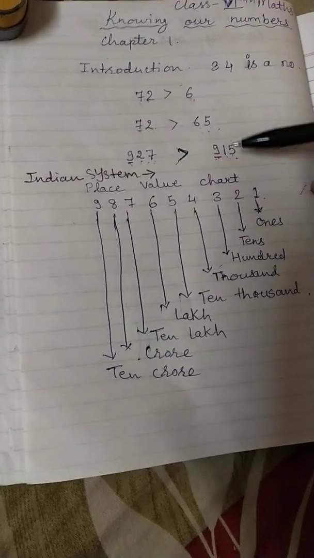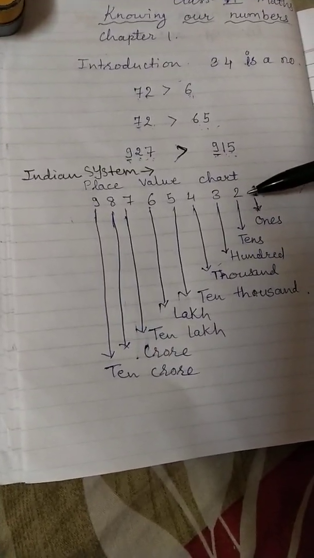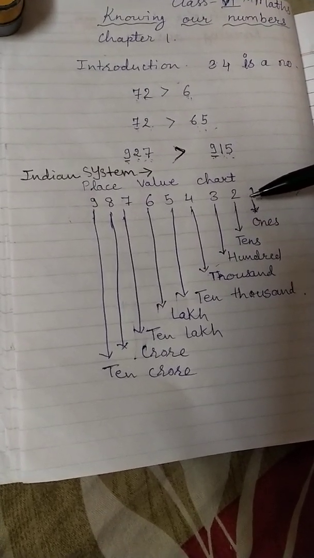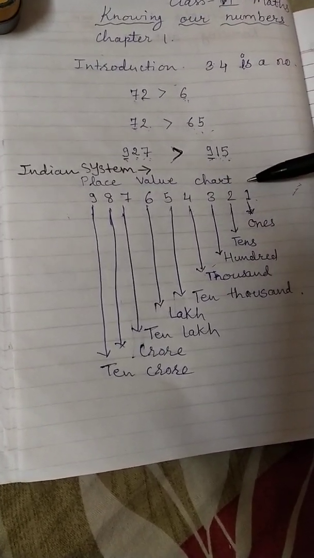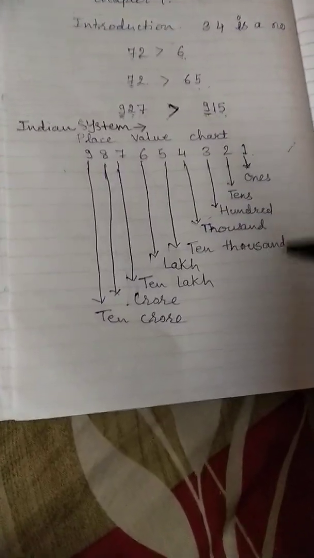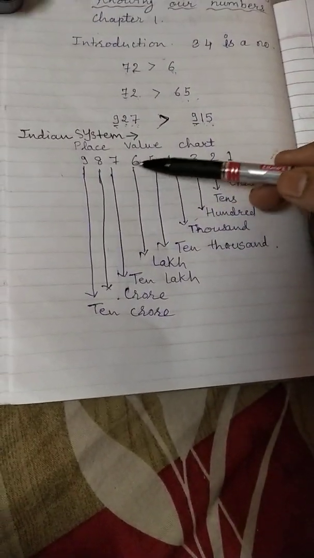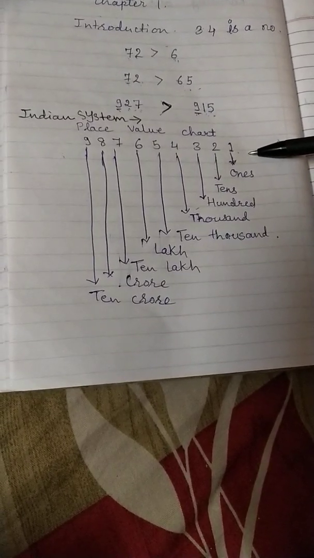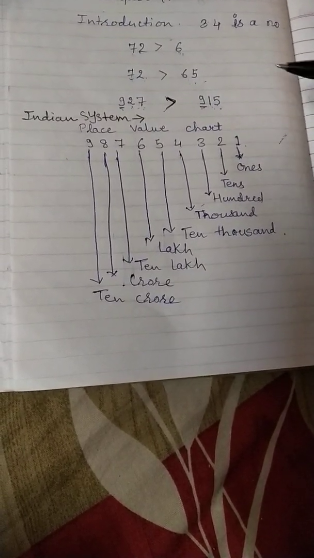Now we see how to write numbers in the Indian system. First we see the place value chart of the Indian system. If we take this number 98765432, what is the place value of all these digits?